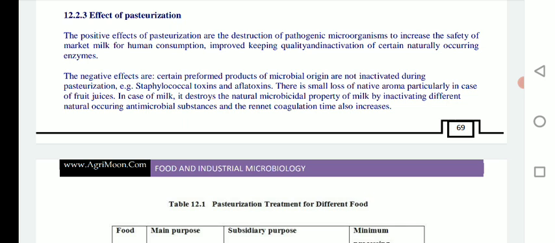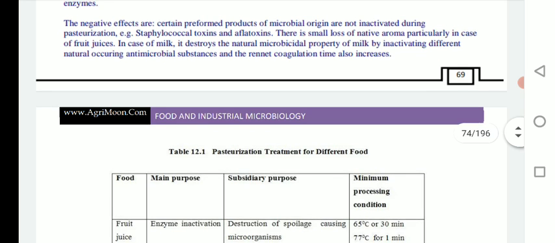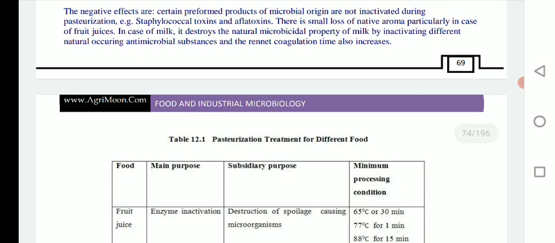Negative effects: certain preformed products of microbial origin are not inactivated during pasteurization, for example staphylococcal toxins and aflatoxins. There is a small loss of native aroma, particularly in fruit juices, and in milk it destroys the natural antimicrobial property by inactivating different naturally occurring antimicrobial substances, and rennet coagulation time also increases.